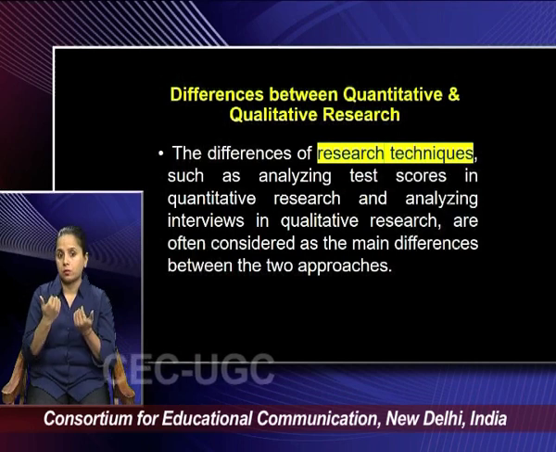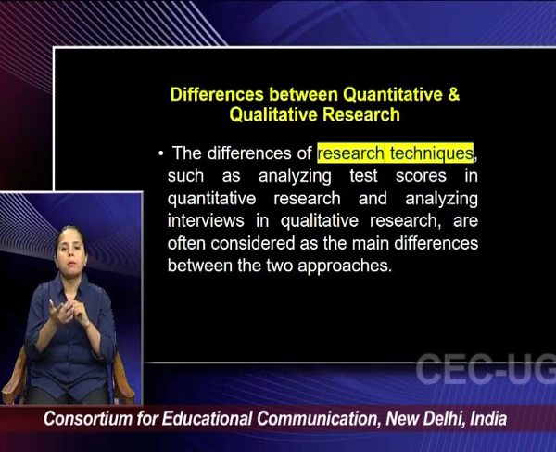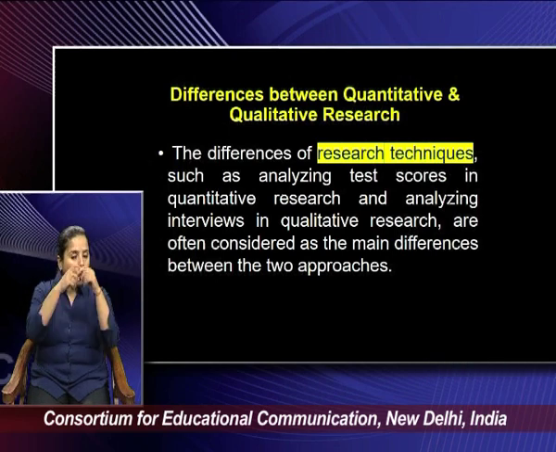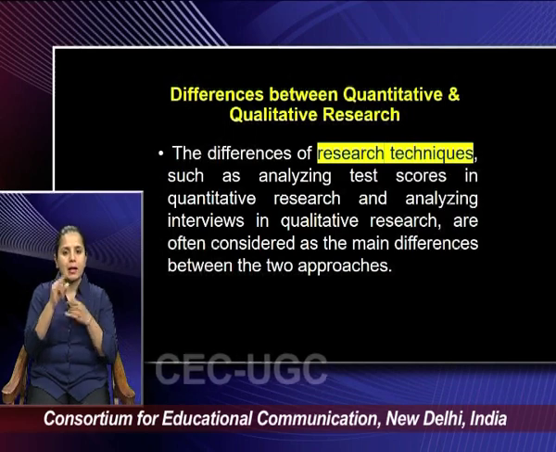So, now let us look at some of the more specific differences between quantitative and qualitative research. The differences in research techniques, such as analyzing test scores in quantitative research and analyzing interviews in qualitative research, are often considered the main differences between the two approaches.